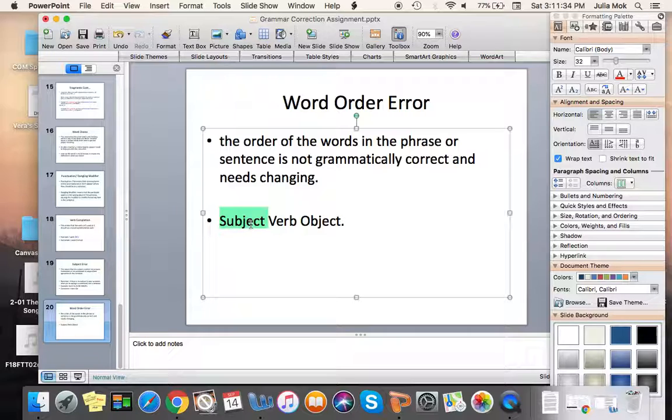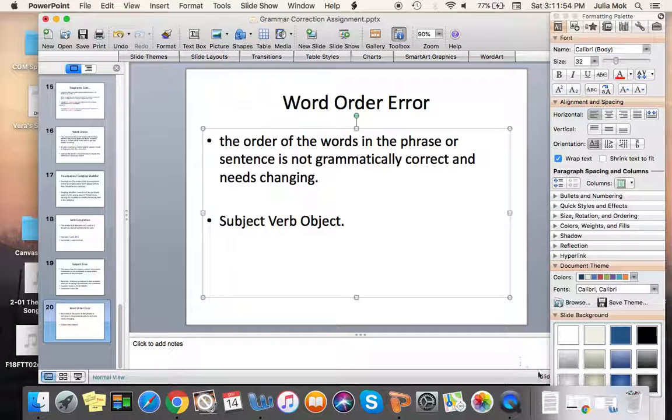And so that might help clear up some of your problems. Sometimes things get a little too complicated and subjects kind of sneak in where they shouldn't be. But remember, in English, we always have our subject first, verb second, and our object third.